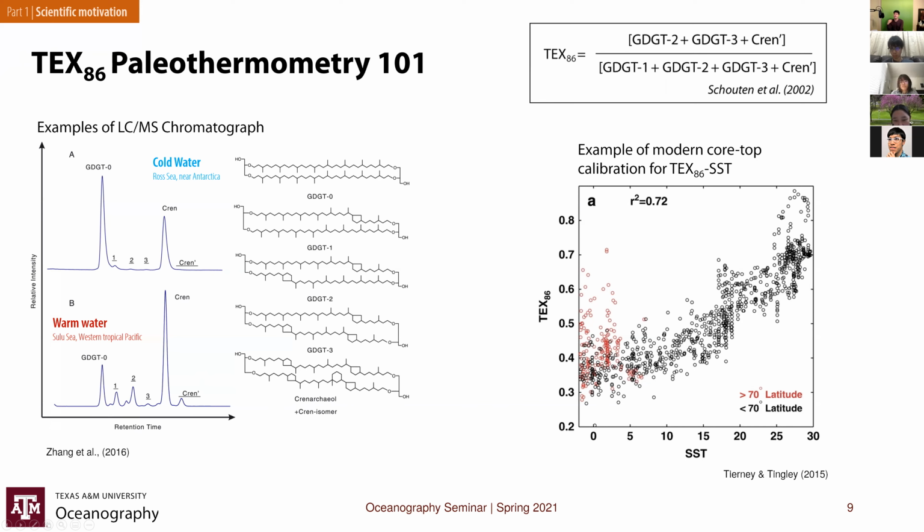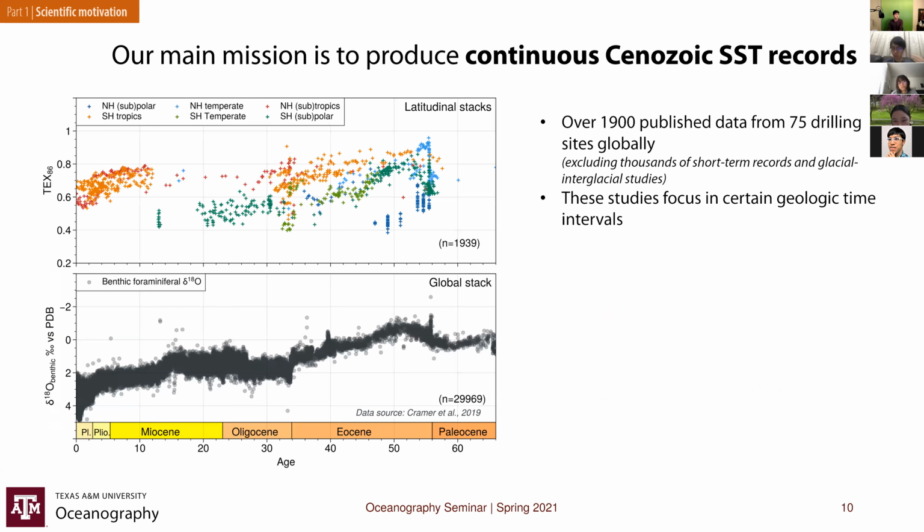And that is the basis of how we can use TEX86 values as our paleothermometer to measure the changes of sea surface temperature in the past.